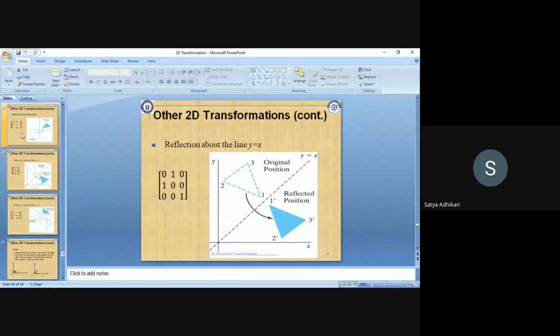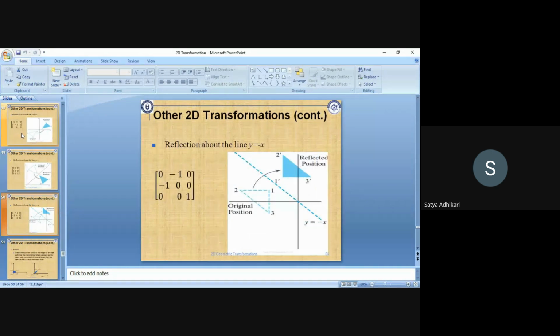Similarly, if we represent y equal to minus x, you see y equal to minus x, that is the same line in the opposite direction.